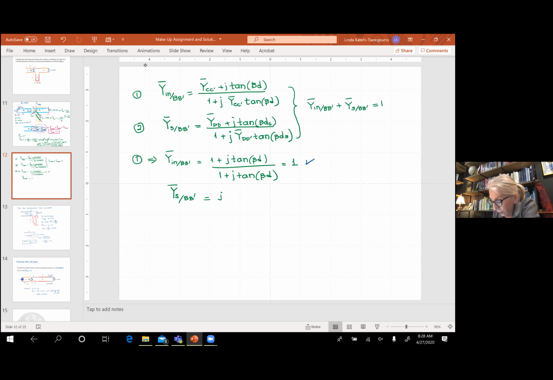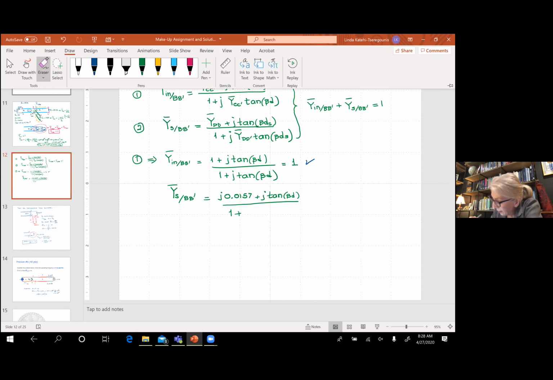So it is 0.0157 plus J tangent beta D. And then here is 1J there. And in fact, here, 1J from here, and another J makes it -1.